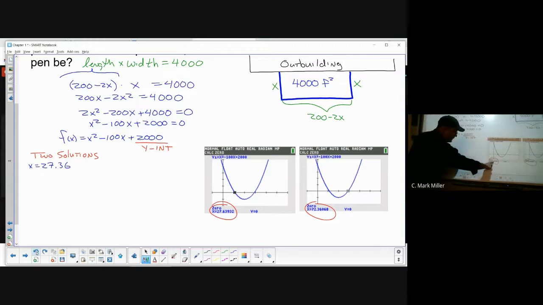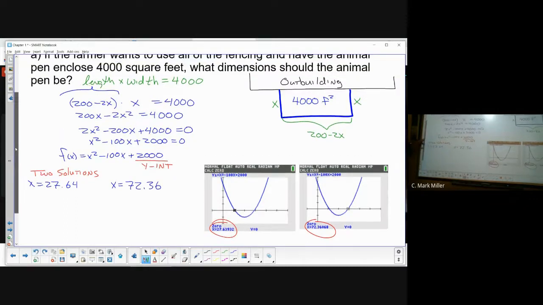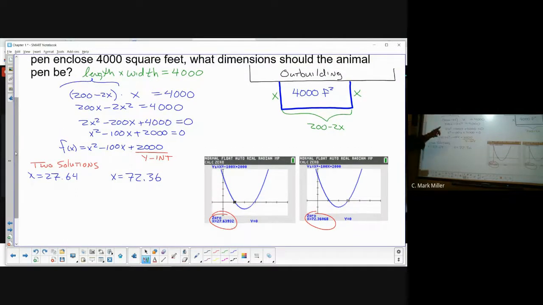That's 27 point, did I say 36? I'm wrong with that, aren't I? x equal 27.64. Yeah, 36. What am I doing? And then over here, I have x equal 72.36. There's my 36. Okay. I have two solutions. Now, what does that mean? That means there's two pin dimensions.